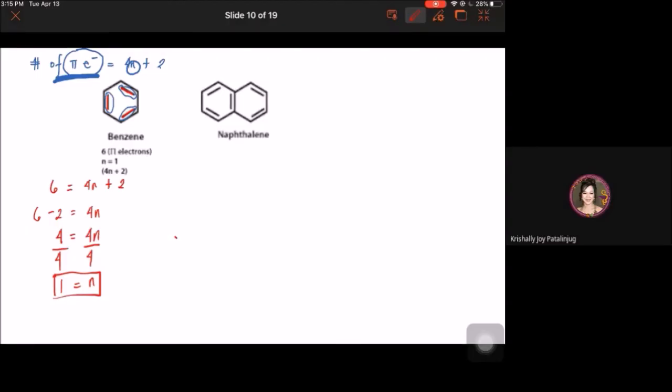Naphthalene, what about naphthalene? Let's check if it follows Huckel's rule. Tell me, how many pi electrons are in naphthalene? It is easy for homocyclic rings, because the second bond in each double bond is what counts as the pi electrons.